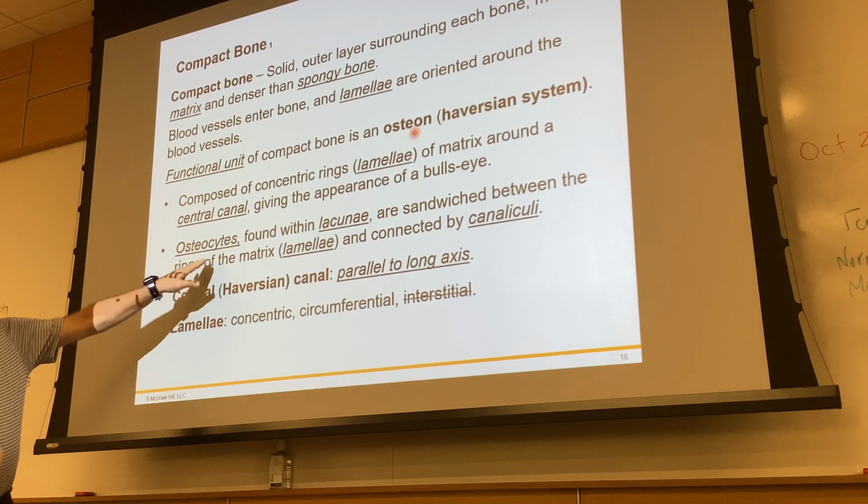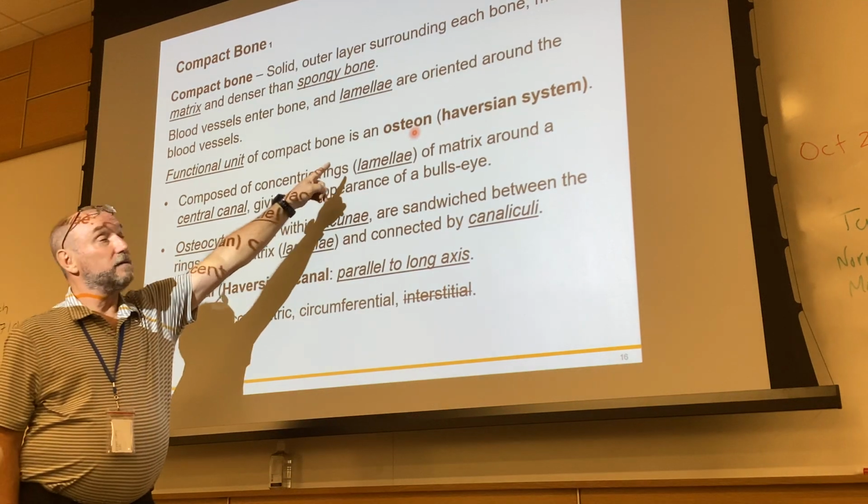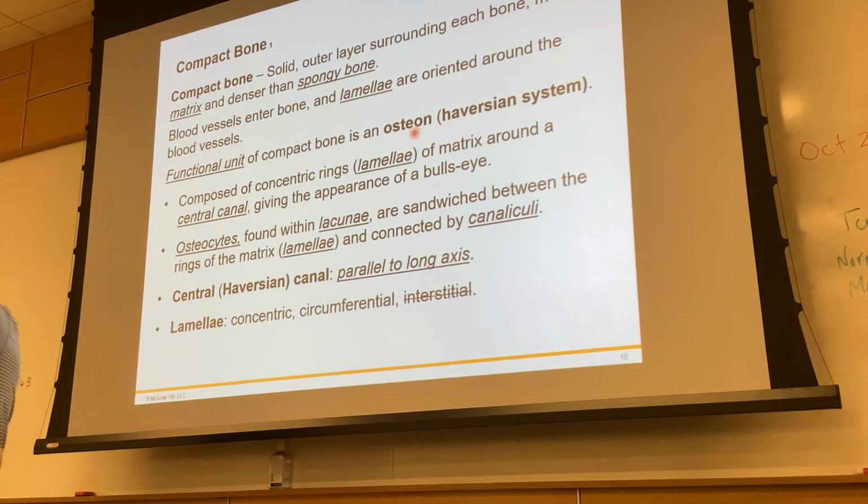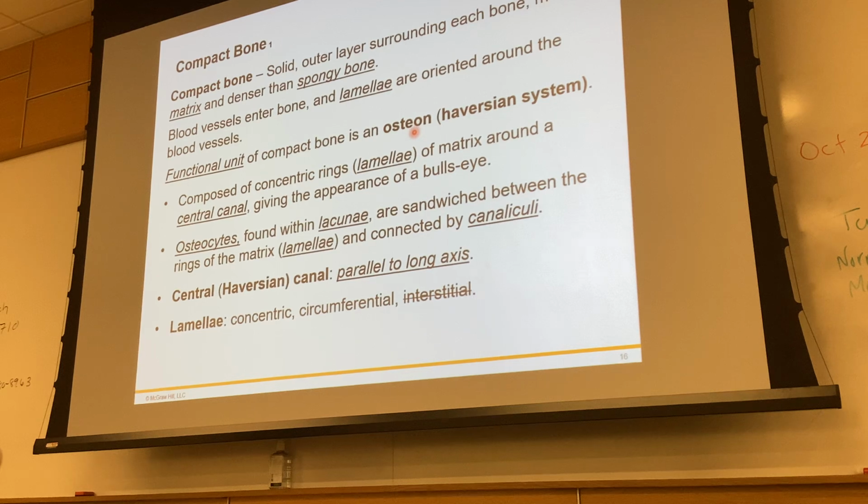The structure of this osteon here is really important. It's really simple to see, and it's also really simple to draw. It's also simple to see under the microscope. The functional unit of this compact bone is an osteon.